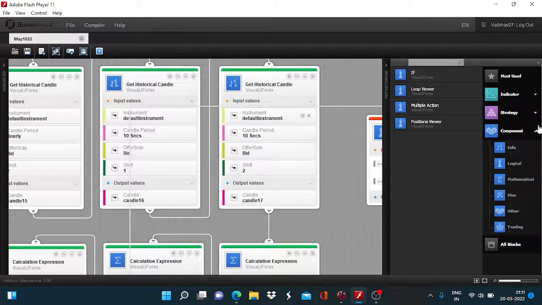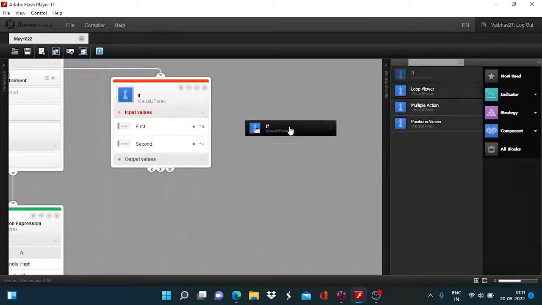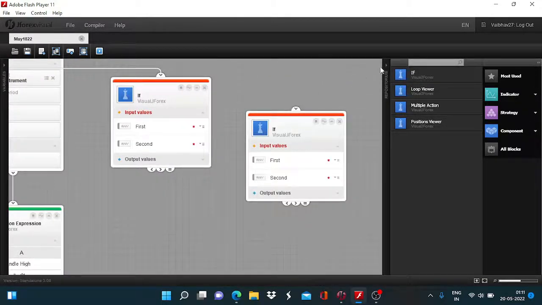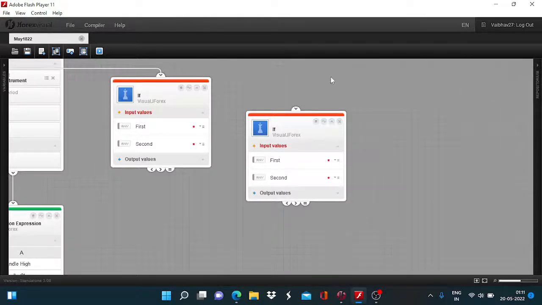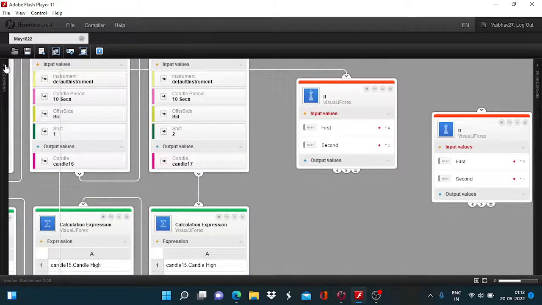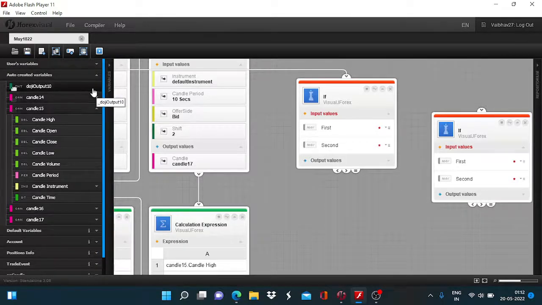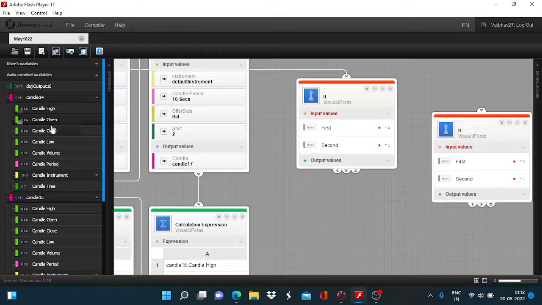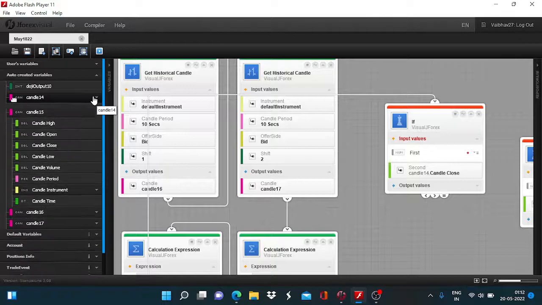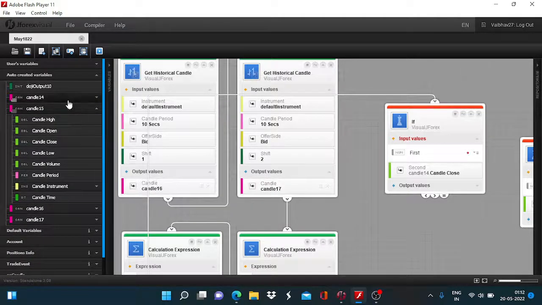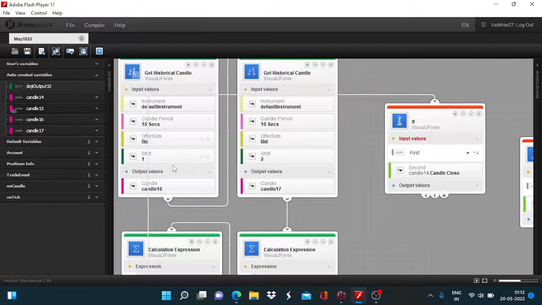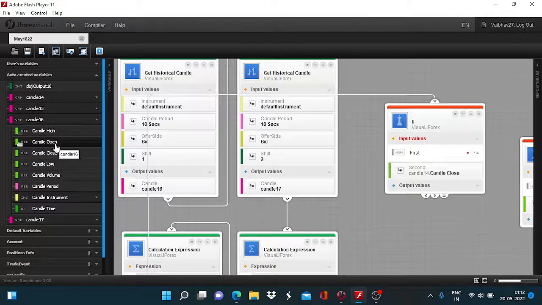So for that, we will need one more block. Candle 14 candle close will be the common input. And then we compare it with candle 16 and candle 17 candle close.